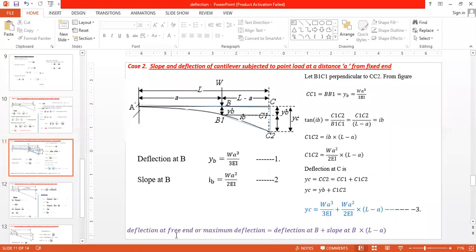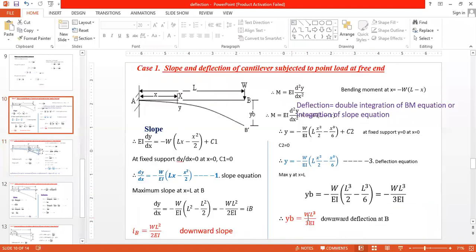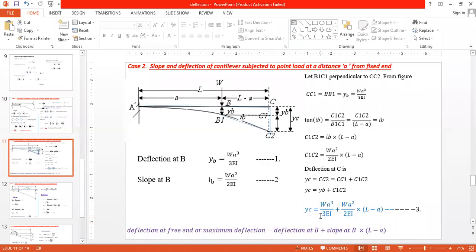Here the deflection at free end or maximum deflection is deflection at B plus slope at B into L minus a. If you remember these two equations, the slope and deflection for a point load at the free end, then there is no problem writing this equation.